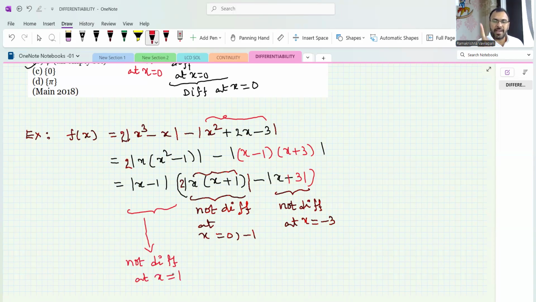But what will happen at 1? We have to check it out. At 0, -1, -3, none of the other product is 0. But at x equal to 1, substitute here, you will get 4 minus 4.